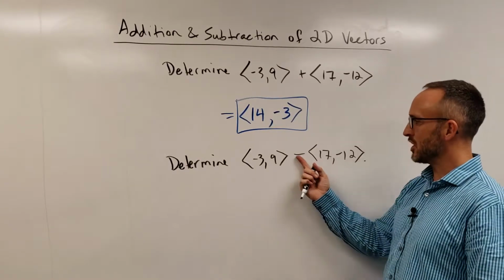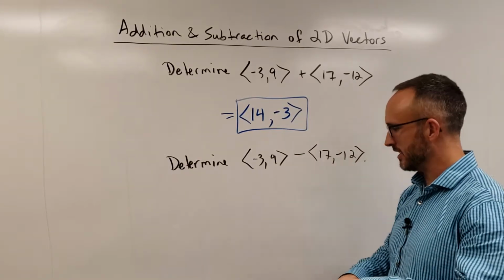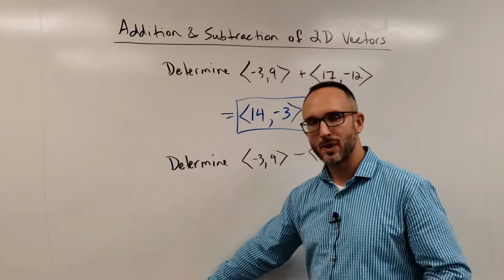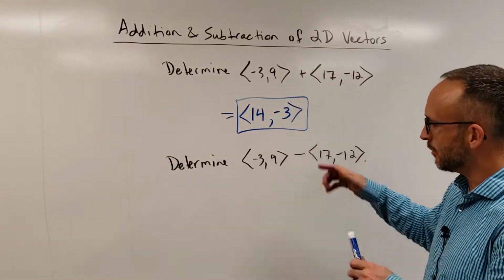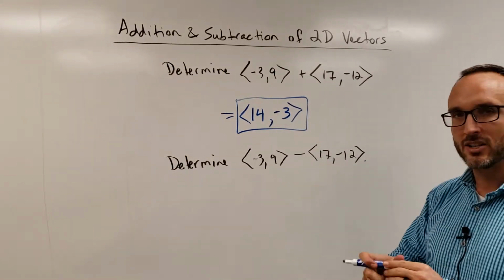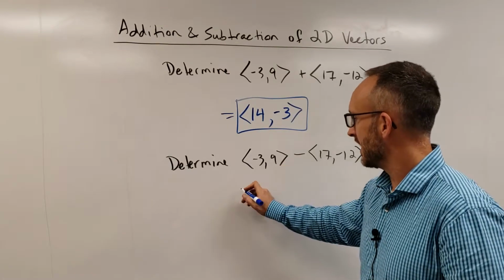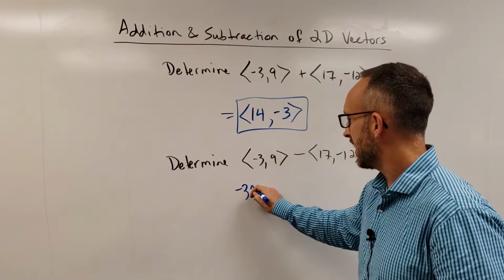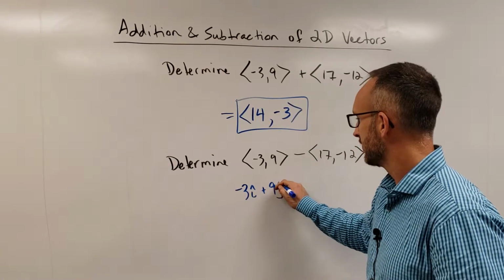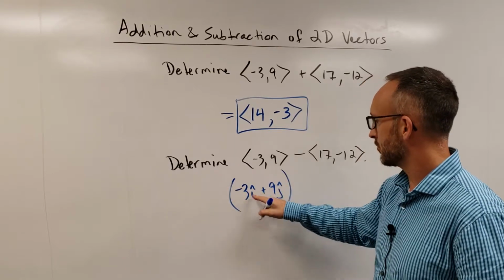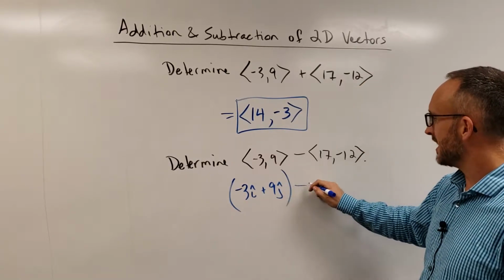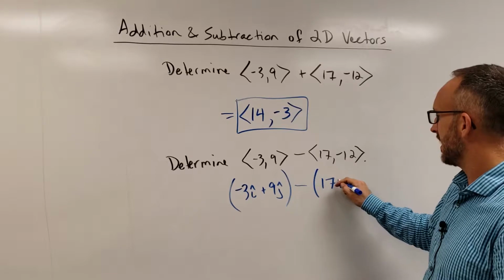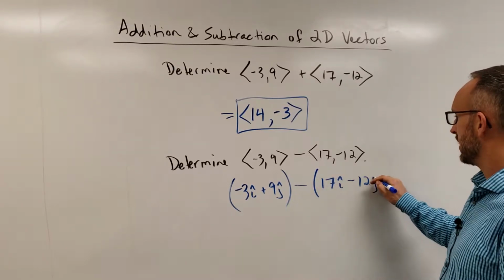You can easily change it to addition. We can talk about that in a moment. But you'll probably be able to figure this out anyway. But let's look at it in terms of i and j. This is the same thing as the vector negative 3i plus 9j, right? Negative 3i plus 9j minus the vector 17i minus 12j.